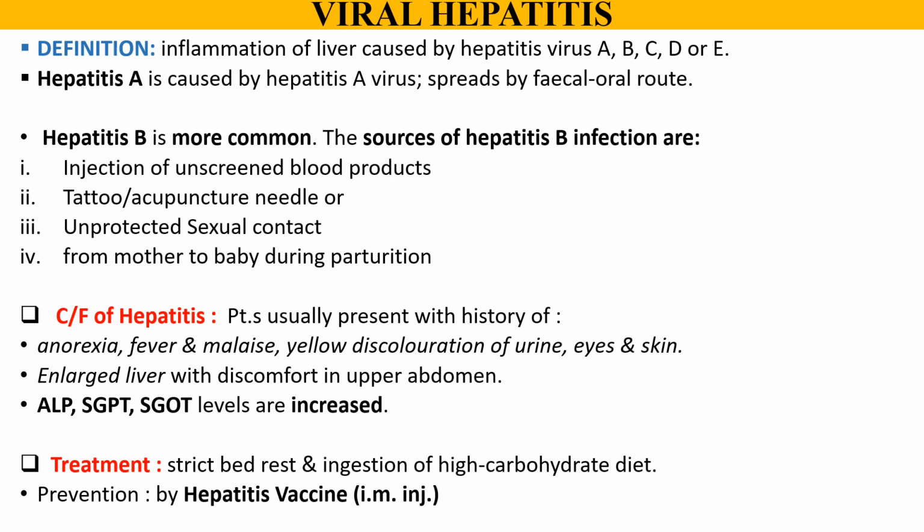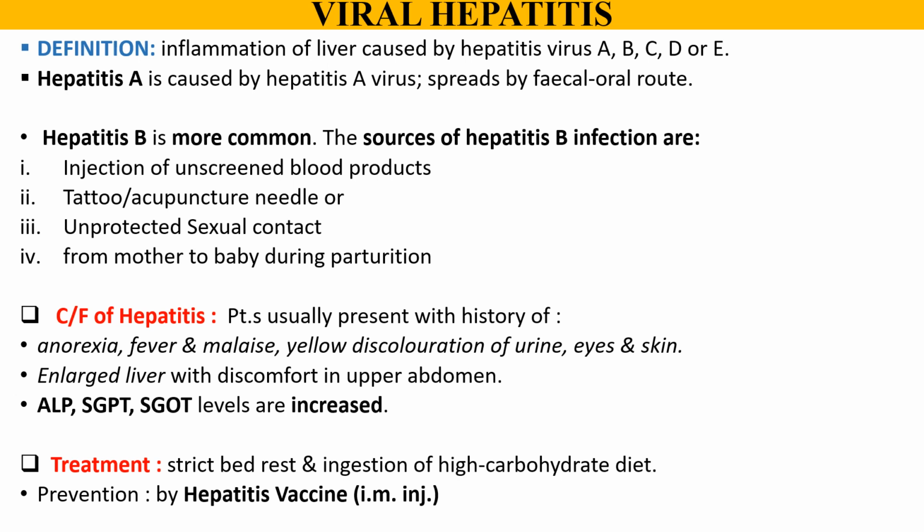The clinical features of viral hepatitis will include symptoms like anorexia, fever, malaise, yellow discoloration of urine, eyes and skin, that is jaundice. On examination, the liver will be seen to be enlarged and the serum alkaline phosphatase, SGPT and SGOT levels will be highly increased.